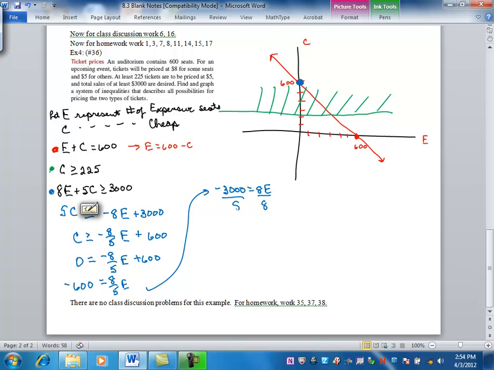Divide by 8. And E is equal to 375. So let's see, 375 is going to be right about here. And notice that this is also a greater than or equal to, so we have to be shading above the blue line.